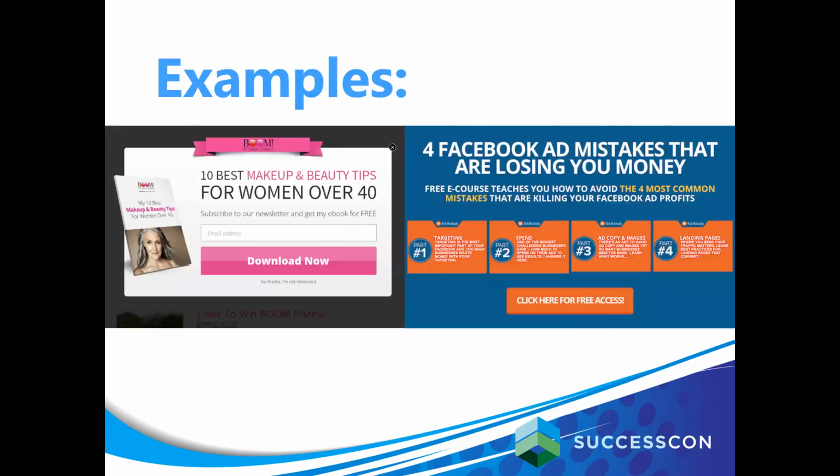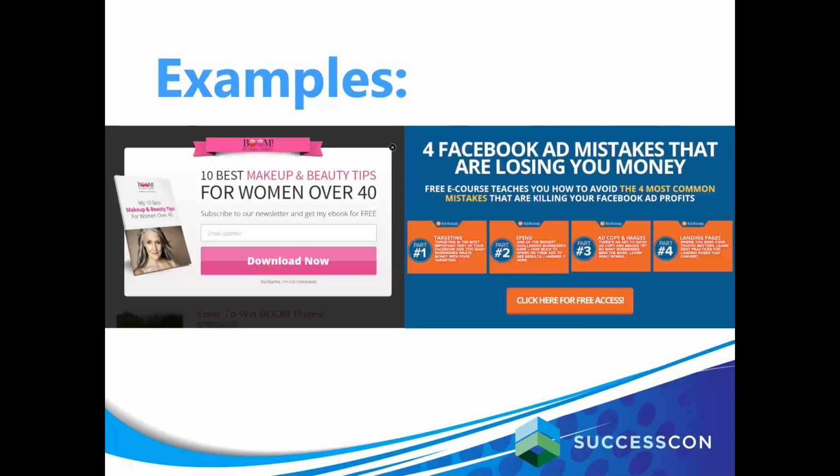A couple of examples here. The one on the left, I like a lot. I love the visual because she says that it's an ebook. I'm assuming it's a she, but they say that it's an ebook, and they are showing you a visual of a book, and they are delivering what they promise. Also, the 10 best makeup and beauty secrets for women over 40.